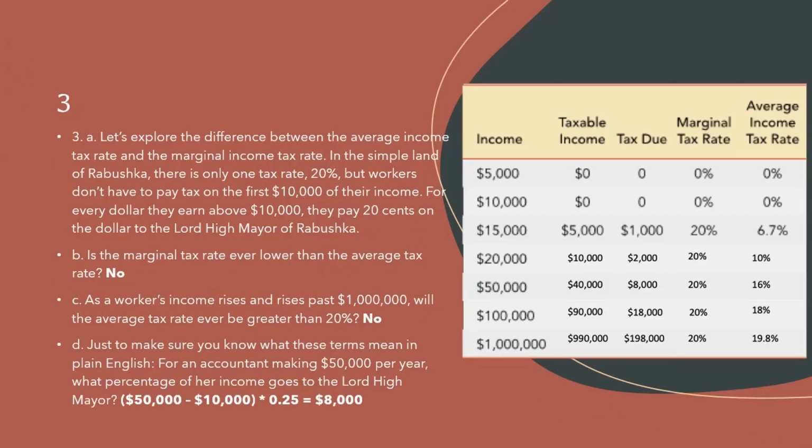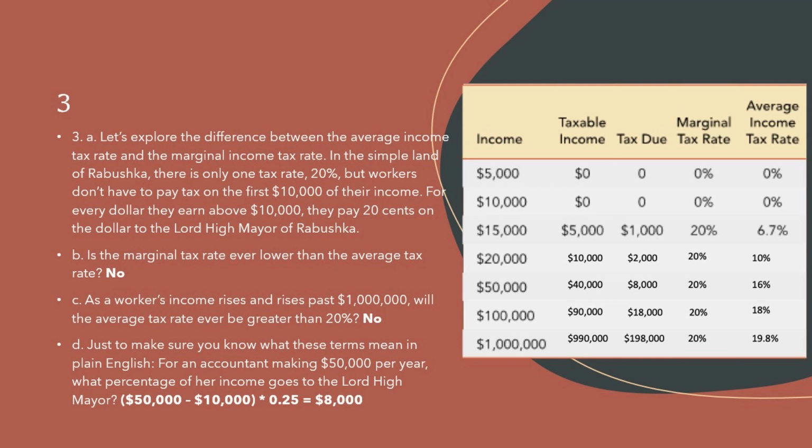In question 3, we're looking at a fictional economy with a flat tax of 20% after the first $10,000 of income. We have a table to fill out here where we calculate the taxable income by subtracting $10,000, tax due by multiplying that number by 0.2, marginal tax rate, which stays the same above the 10,000 threshold, and average income tax by dividing tax due by total income.